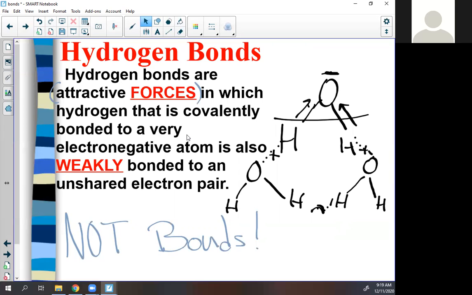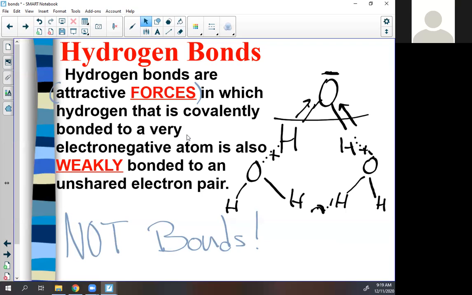So this is not exactly right, but these are magnets, right? A bond would be the thing that keeps the magnet together itself. A hydrogen bond is like the attraction between the two molecules. Like I can pull that apart because it's not bonded, it's just attracted. I can pull that apart.